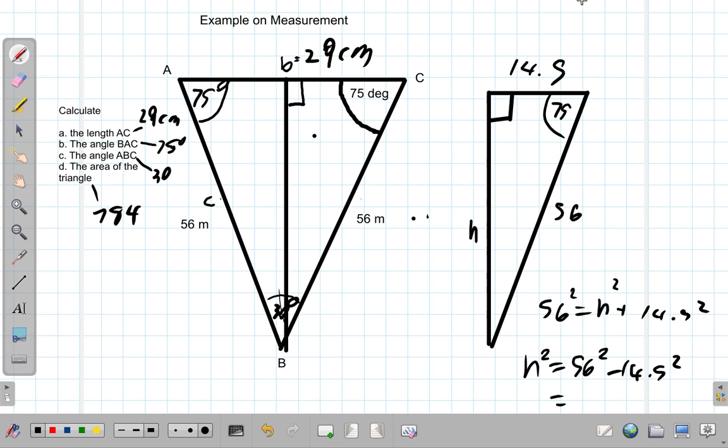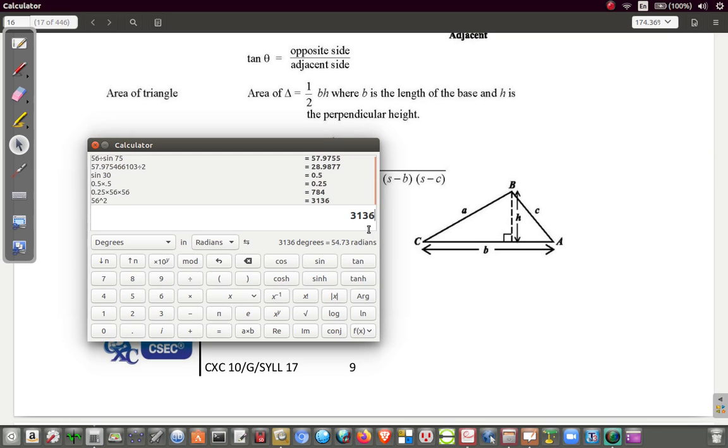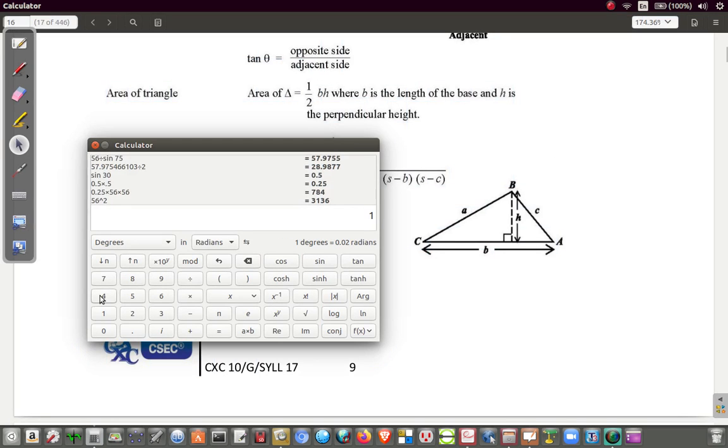What is 56 squared minus 14.5 squared? 56 to the power of 2 is 3136. So what we have here is 3136 minus 14.5 squared.